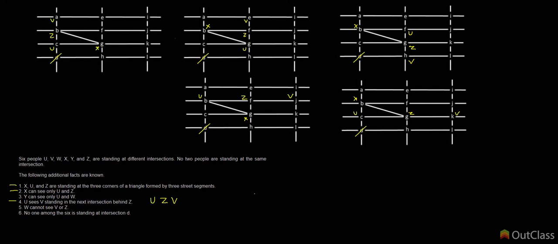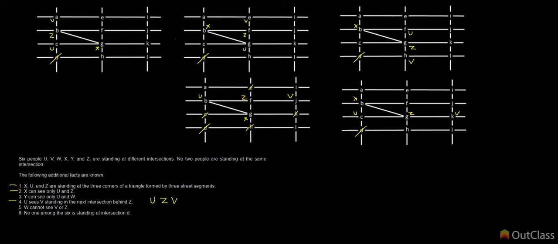Now x can see only u and z, so you can't have anybody here, here, here, here. Y can see only u and w. W cannot see v or z.